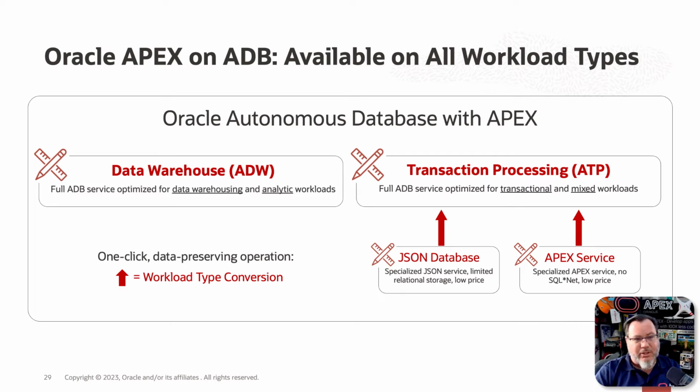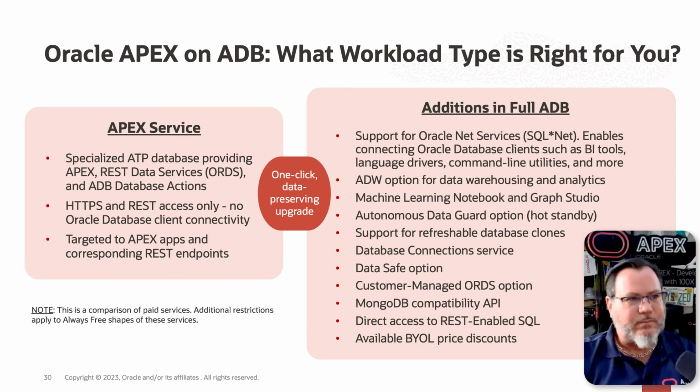Sometimes, like I mentioned earlier, you want to have multiple instances of APEX, and Cloud or Oracle Cloud make this extremely easy, easier than in any other cloud opportunity where Oracle Database can be used on a VM or compute node with APEX installed. So, what workload type is right for you? Totally subjective. What is the best practice? Totally subjective. It depends on what you need to do and what you're trying to do with your instance of APEX.